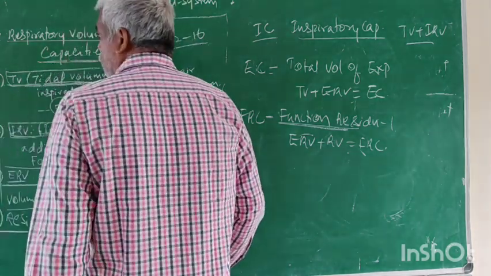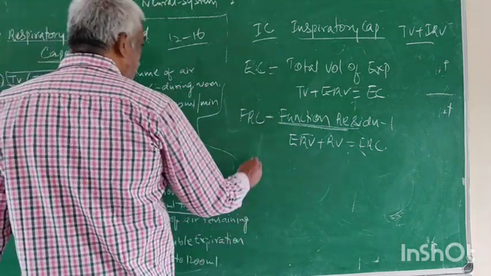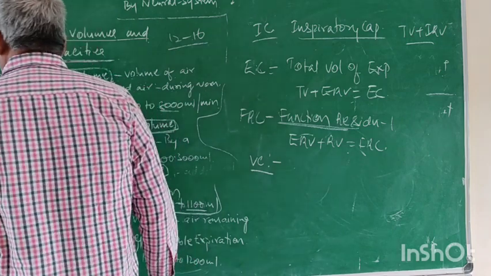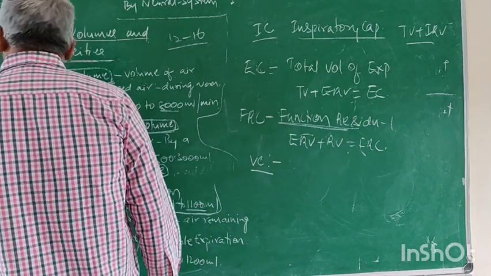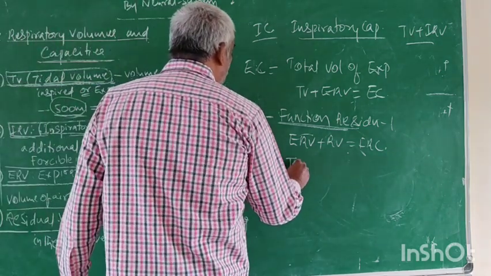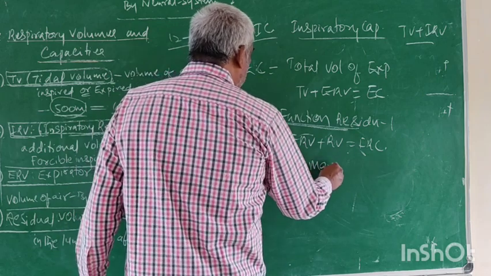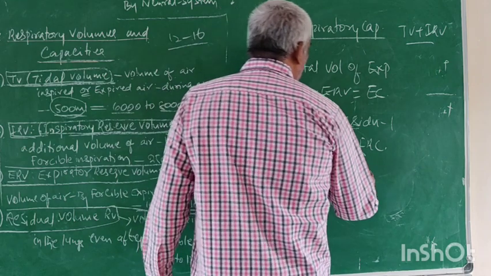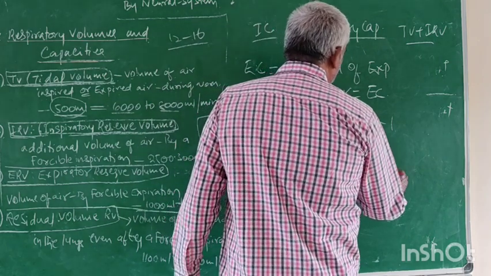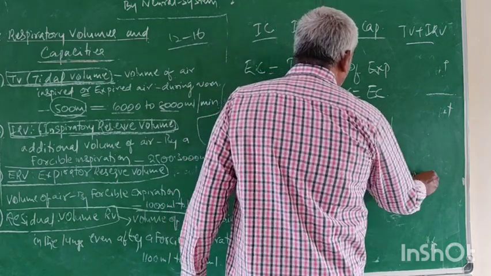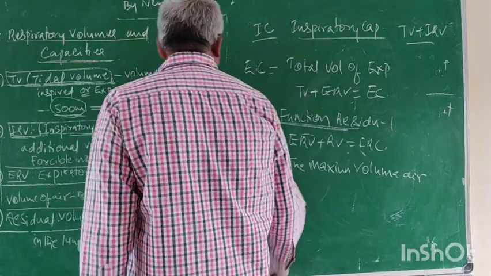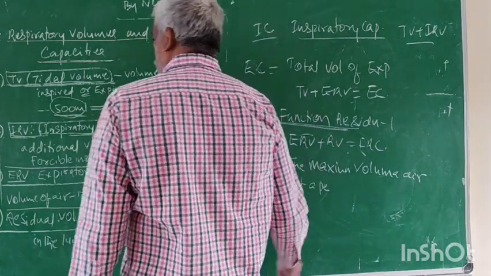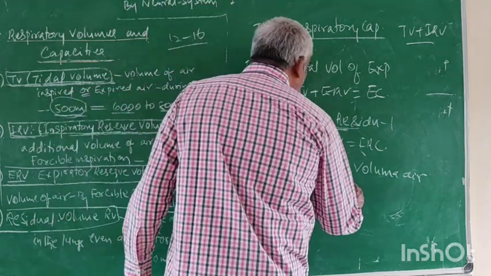Now come to VC, vital capacity. The maximum volume of air a person can breathe.